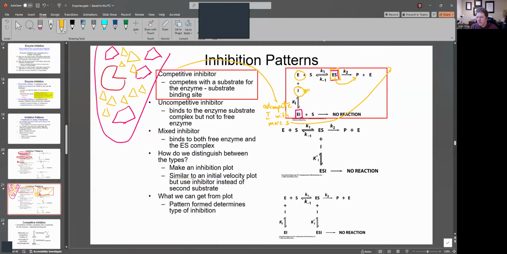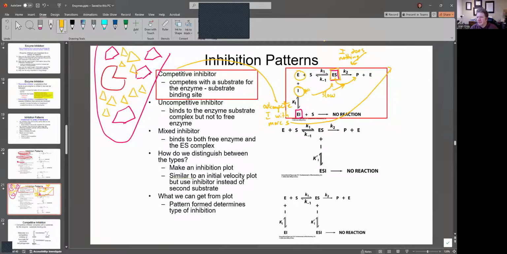So will the inhibitor slow this step right here? It won't. The inhibitor does nothing to this. It can certainly slow the formation of ES, but it's not going to slow down the actual product generation.